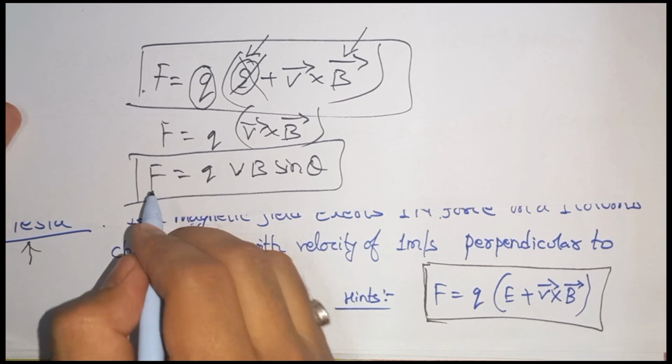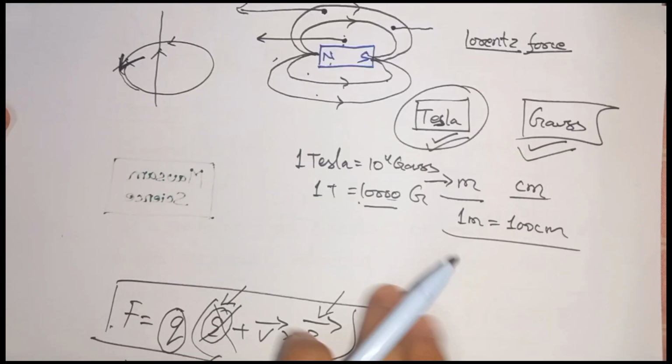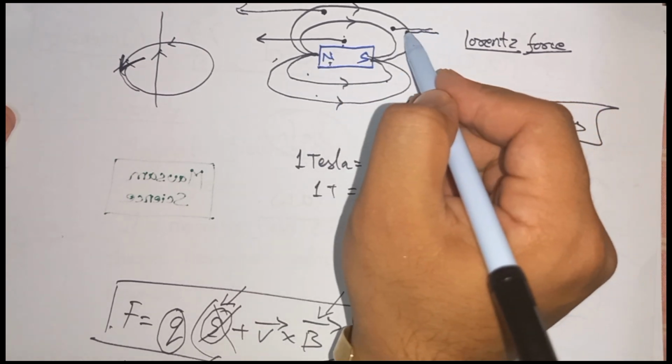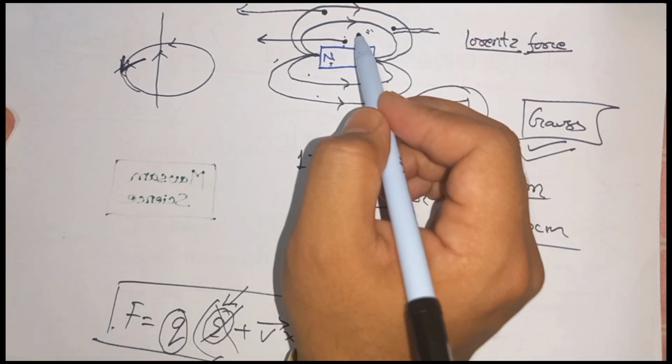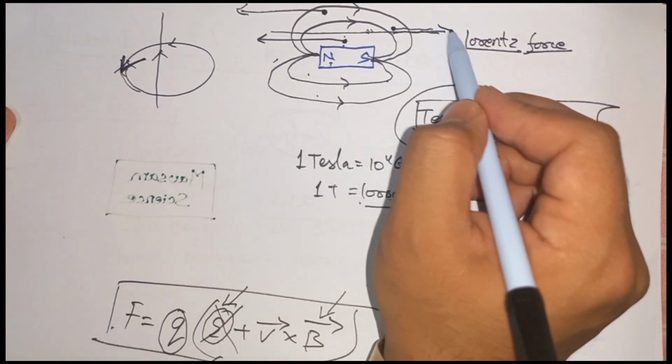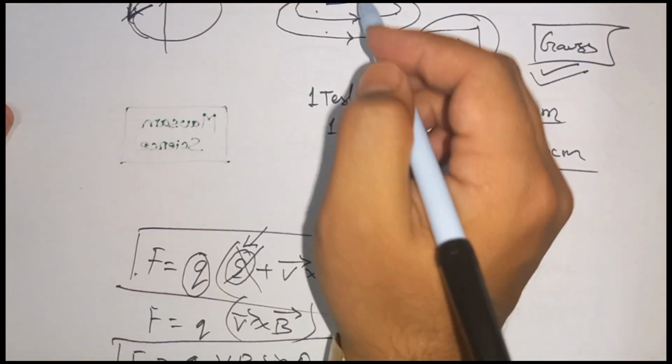Actually this is the magnetic force, the force given by a magnetic field if a charged particle comes in this magnetic field. At what direction does it come? If it comes parallelly, then it does not create any kind of force.